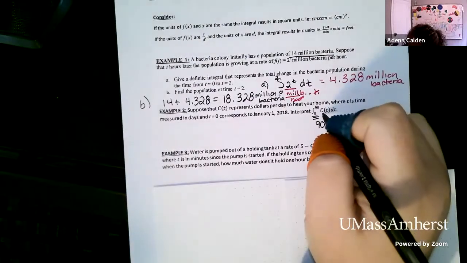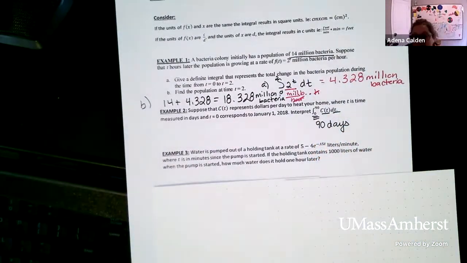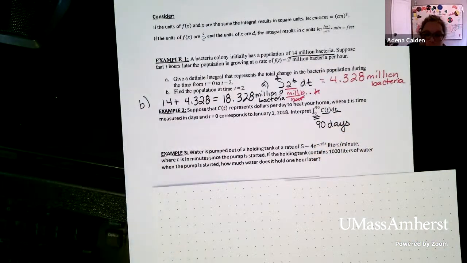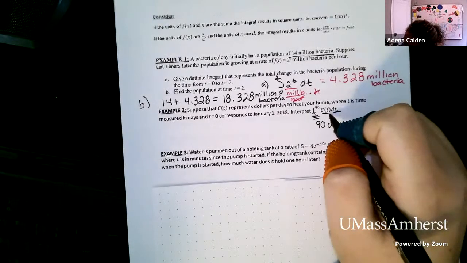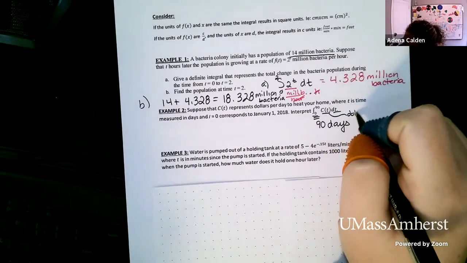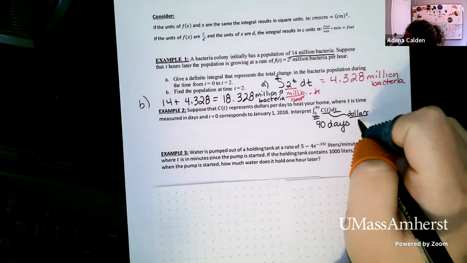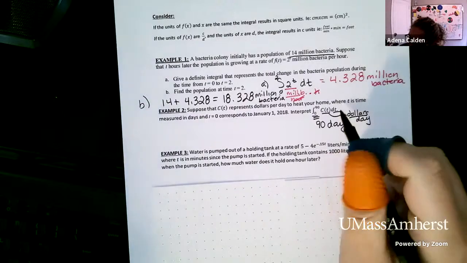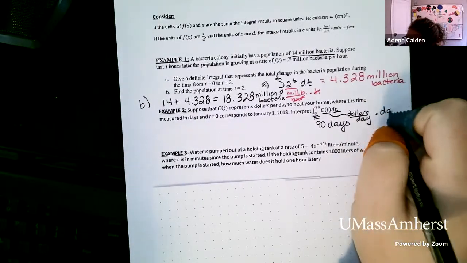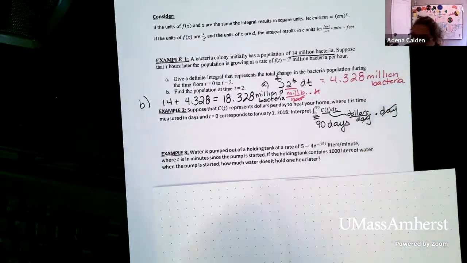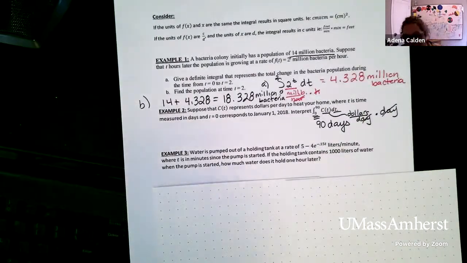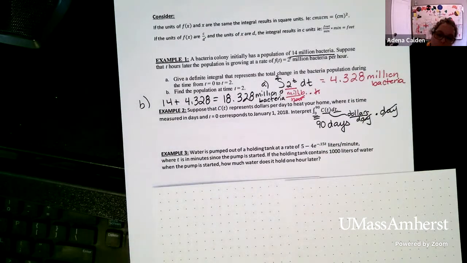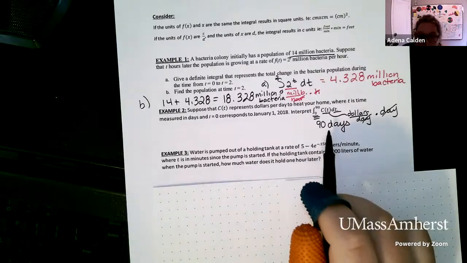Now let's look at the units of our function and the independent variable. So C of T is dollars per day to heat your home. So dollars per day. And then the independent variable is day. So the day units are going to cancel. So when we integrate this, we're talking about the total dollars over 90 days.